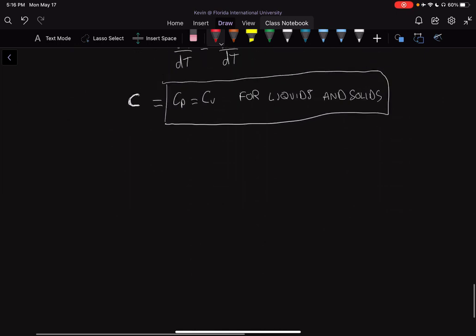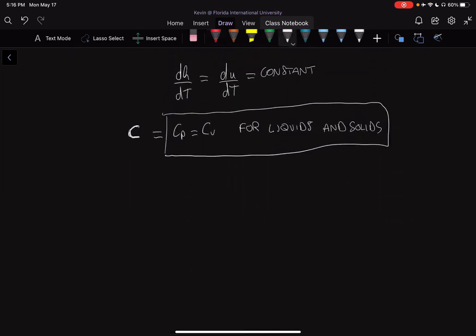So for solids and liquids, du over dt is equal to dH over dt, which is equal to C. That's our new term. And we can now rearrange the equation and bring the temperature to the other side. So du is equal to dH, which is equal to C dt.